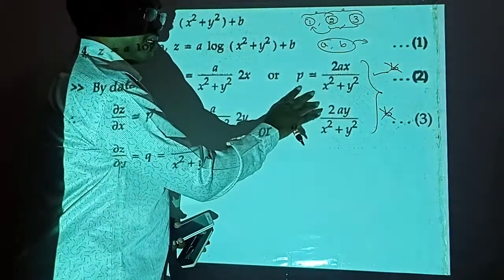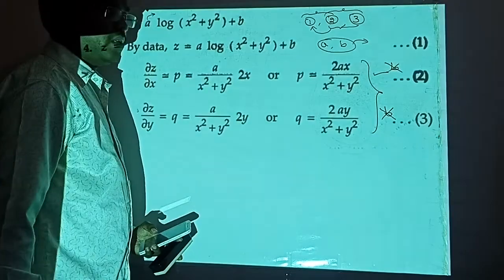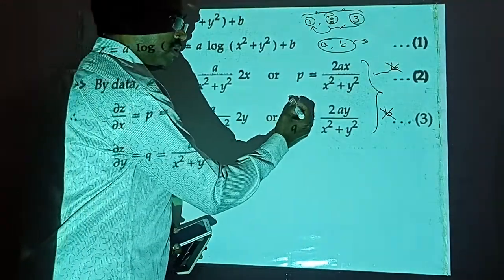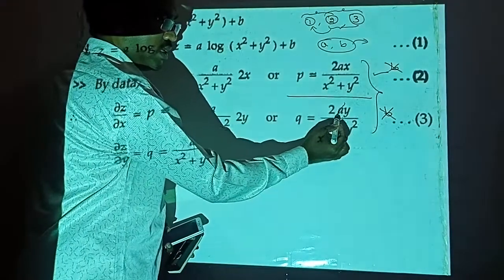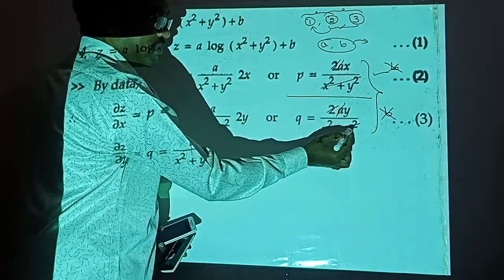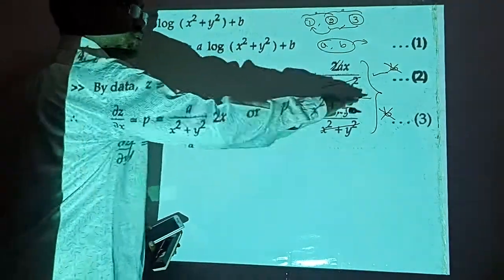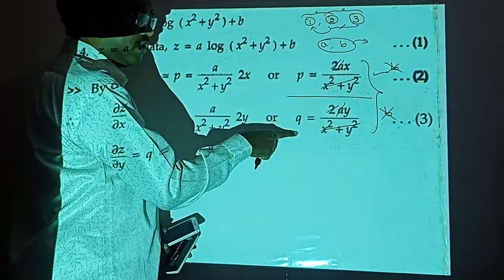See, if you subtract or add, a will not get eliminated. Only thing is, if you divide these two equations, your a and a will get cancelled. So what we write? By dividing equation 2 by 3, what you get?